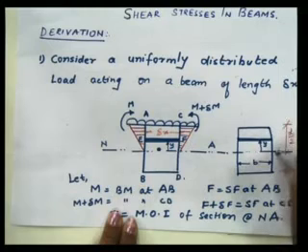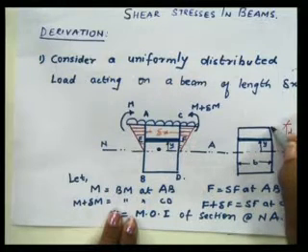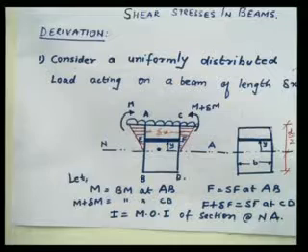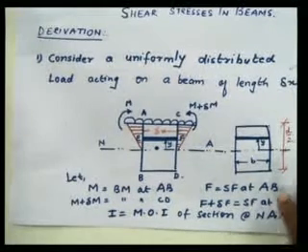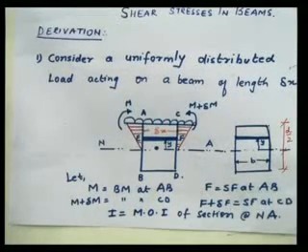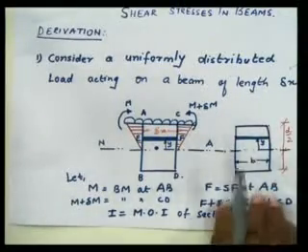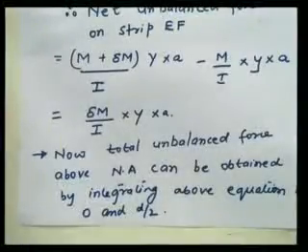So this will be 0, and as we keep on increasing, it is d by 2. So our limit will be 0 to d by 2. If I want to find out the shear stress distribution above the neutral axis, my limit will be 0 to d by 2.